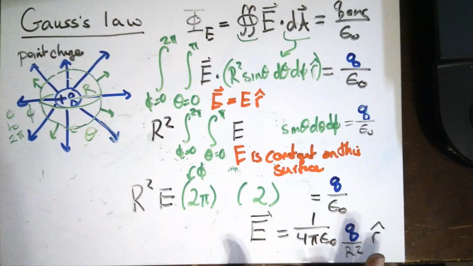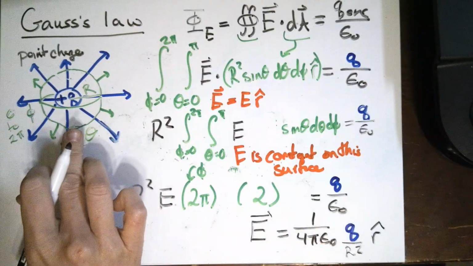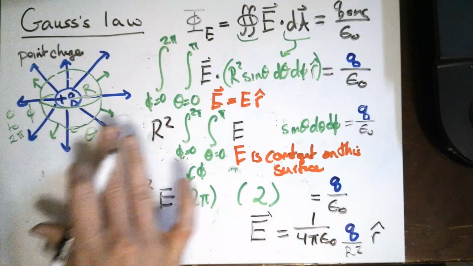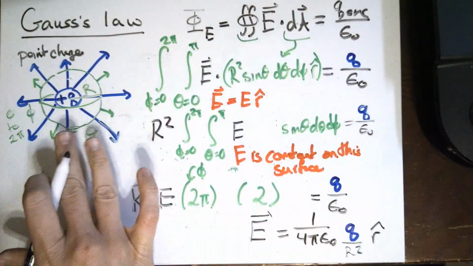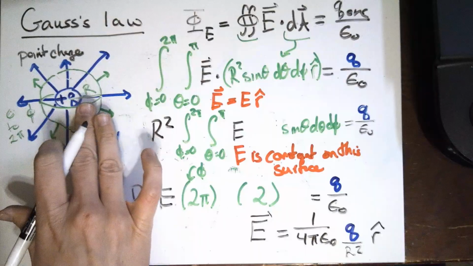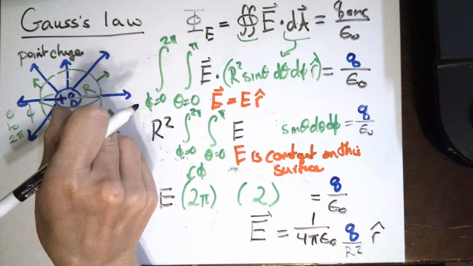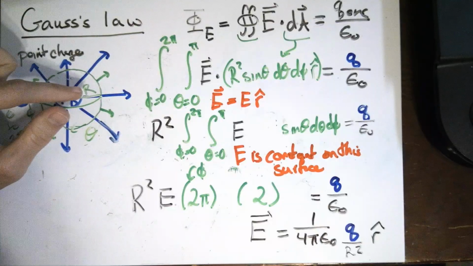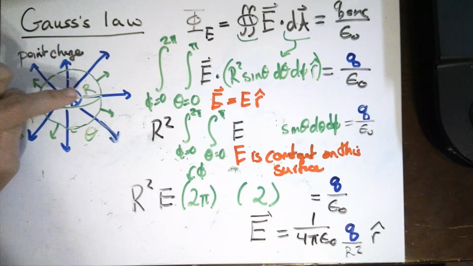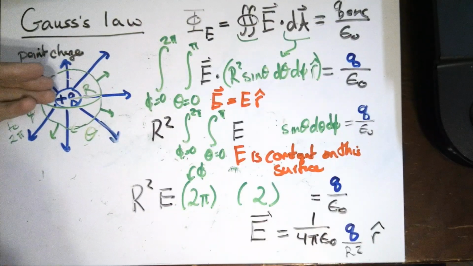Now the other thing to note here is we made up this green surface. It was totally our choice to figure out what closed surface we wanted to integrate over to get the flux. So we could have picked any r. We could have picked a little tiny r, had a really small little sphere around the charge. We could pick a huge r. So really, this is kind of a variable.